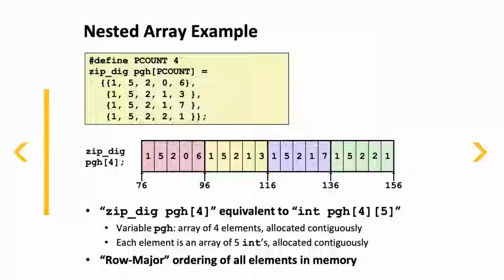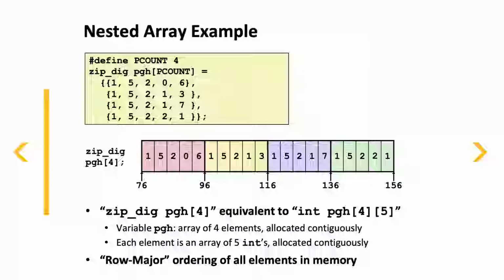Then we're just saying PGH will be an array of size 4, and each element within it will be an array of size 5, right? Will be a zipDig array. So the zipDig PGH with length 4 is equivalent to just declaring a two-dimensional array called PGH with 4 rows and 5 columns.